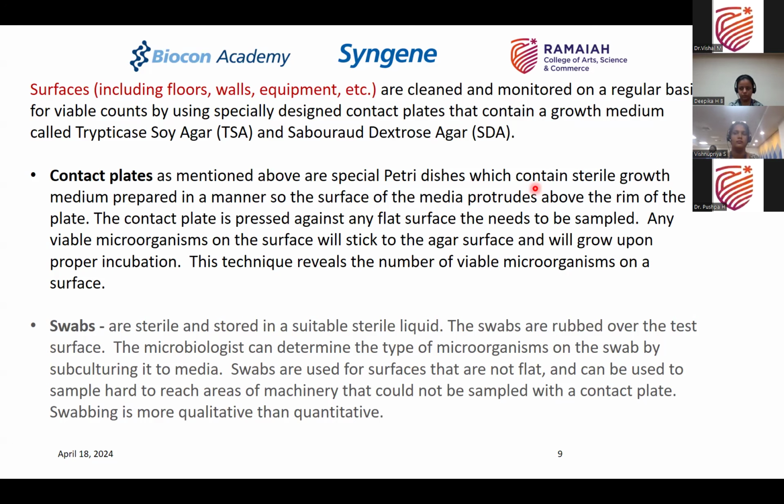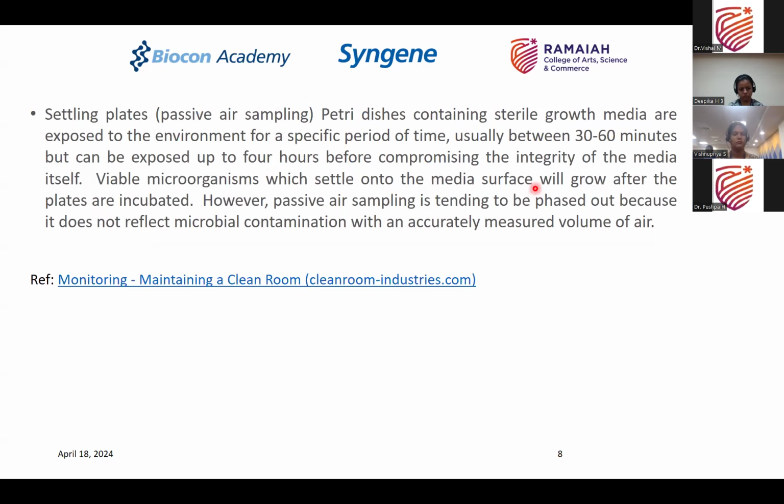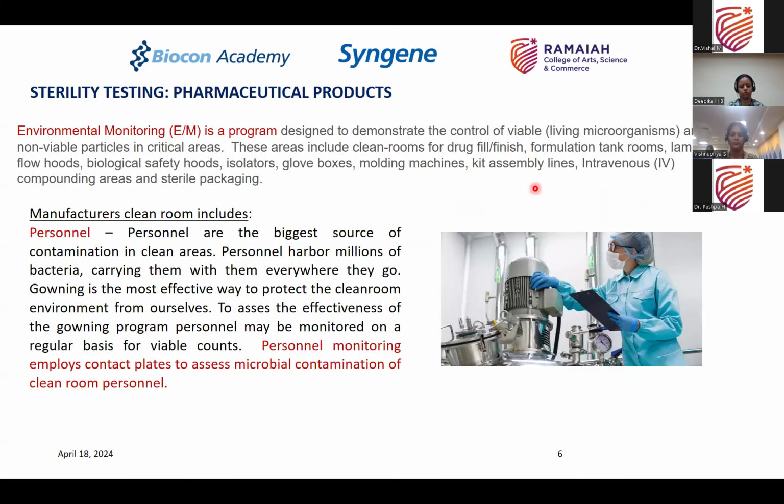And if possible, you can subculture those organisms and identify them to genus and species level. So this is how we are going to monitor the environment of the manufacturing area or the clean room.